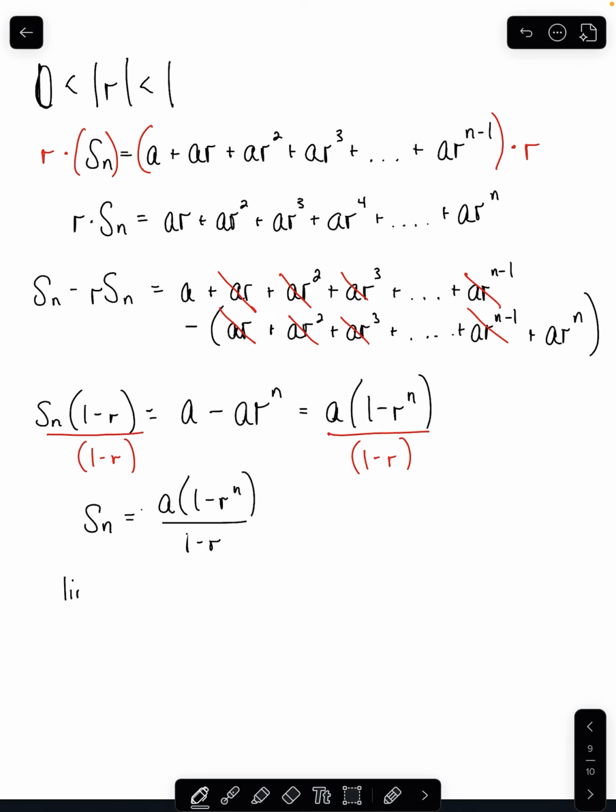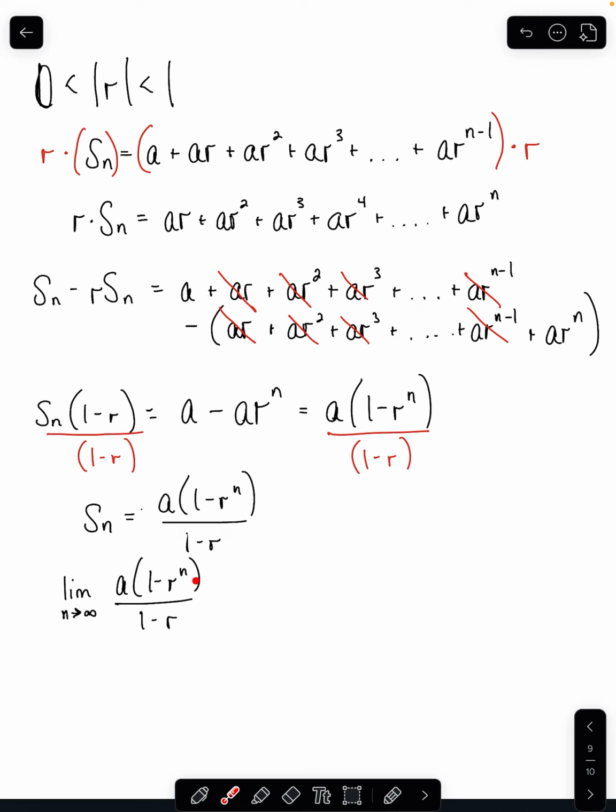To show convergence then, we would need to do the limit as n approaches infinity of s sub n, which is a times 1 minus r to the n over 1 minus r. The interesting thing about this is that a is constant in terms of the limit because it is not dependent on the value of n. 1 minus r is also constant in terms of the limit because it also does not depend on the value of n.